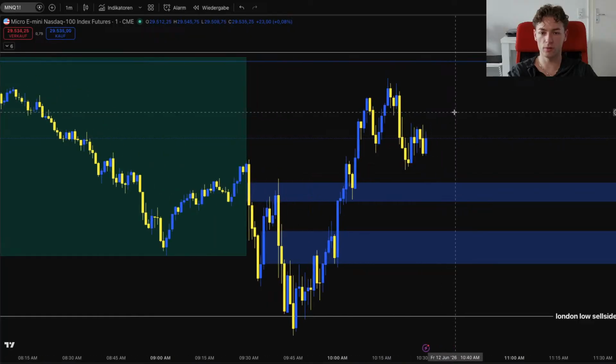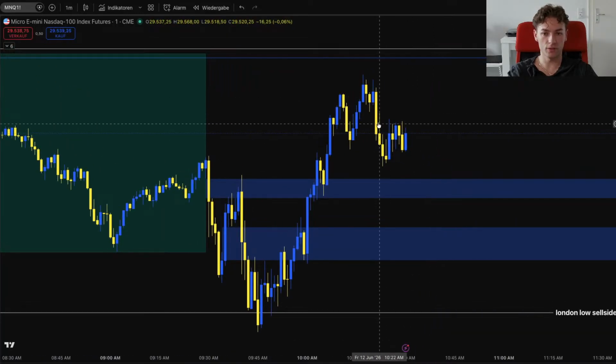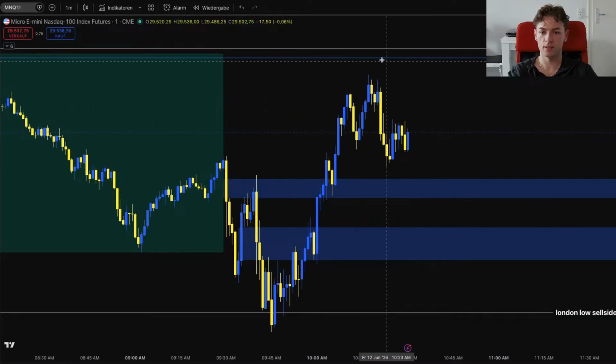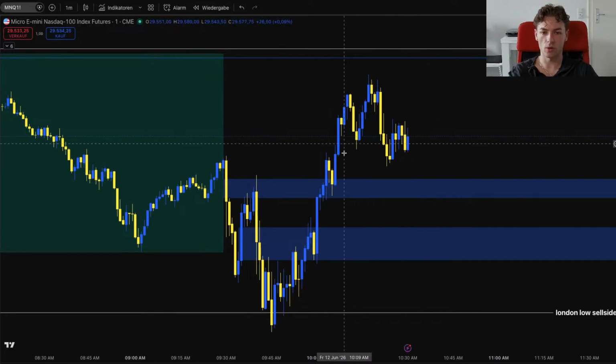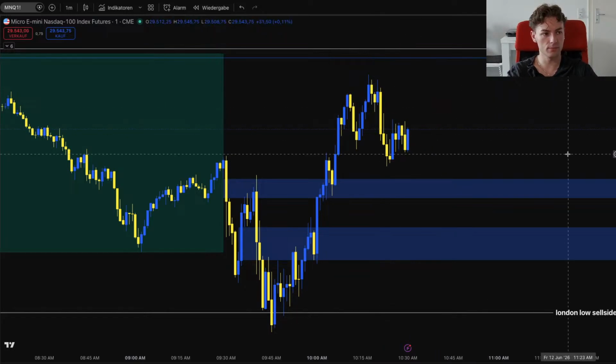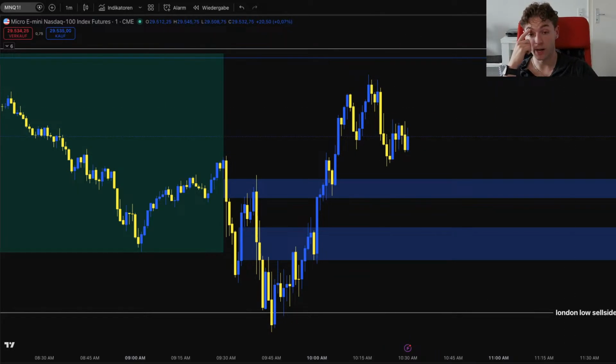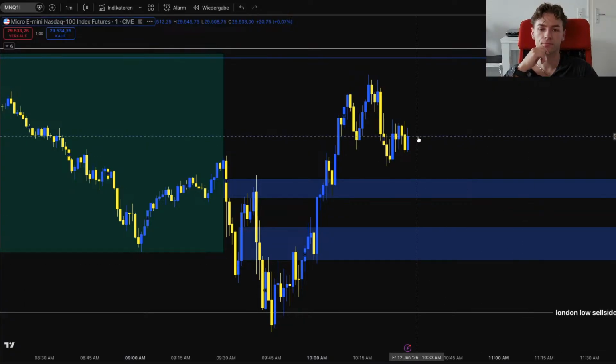If you are bullish on NQ, that should be fine, but not on Dow or S&P. It's kind of slow. So NQ is the leader to the upside, while Dow and S&P are kind of lagging behind.